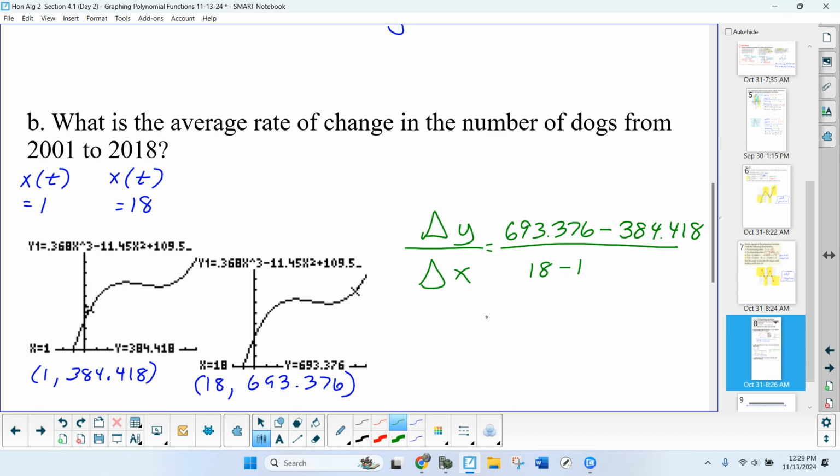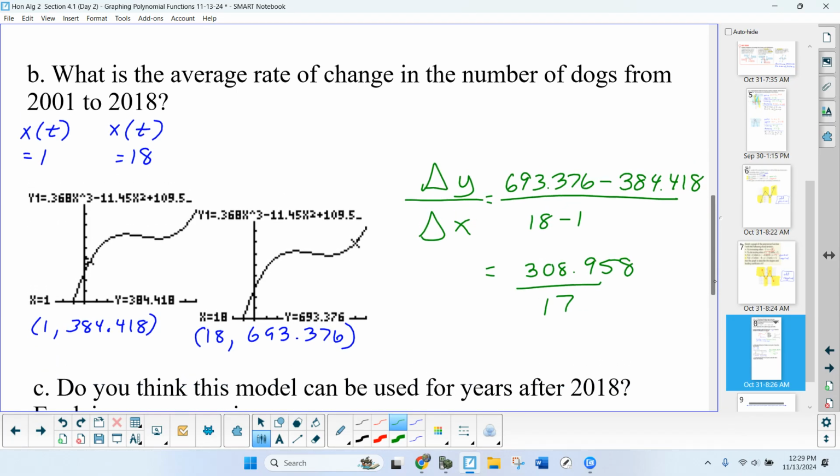Well, what's 18 minus 1? So you're going to take your calculators and subtract, and you should get 308.958. And when you divide by 17, you get 18.174. Is that a positive number or a negative number?